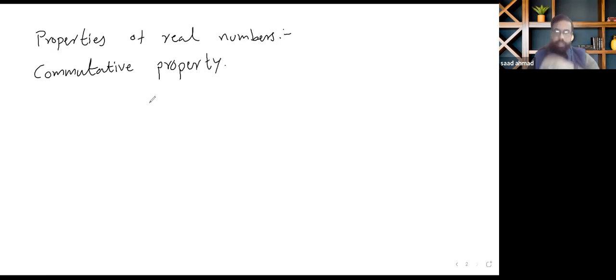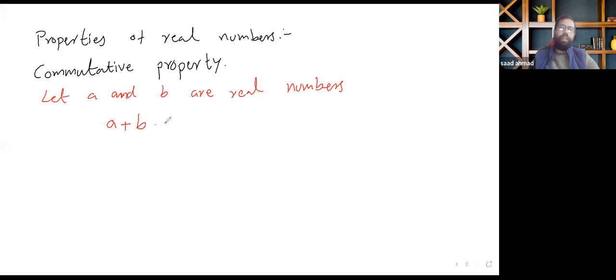Let us have two numbers, A and B. Let A and B be real numbers. Then we can write A plus B is equal to B plus A. So these numbers are commutative.